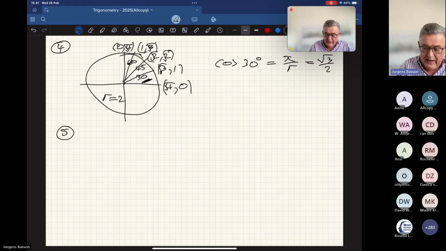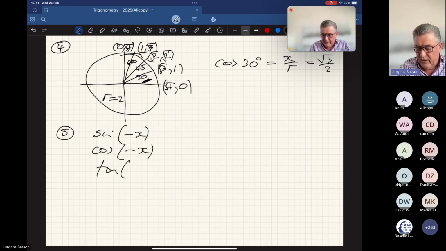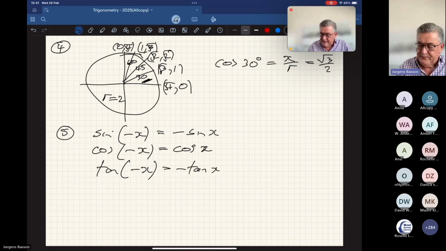So if we look at negative angles and we have the sine of minus x, cos of minus x, and the tan of minus x, then I think you all know that sine becomes negative and tan becomes negative, but cos becomes positive.